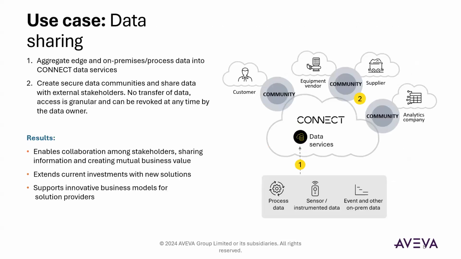Moving to the next one, which is my last slide, is data sharing. To build on top of that, another strong use case for Connect is data sharing. Now that your data is in the cloud, you can choose exactly who to share it with. Connect uses what we call communities, which you can see represented on the right side of the diagram here.